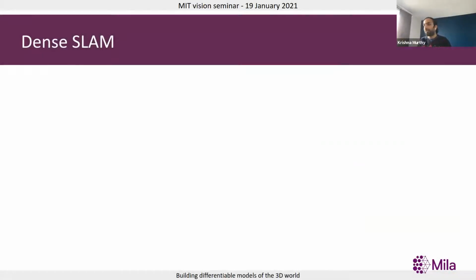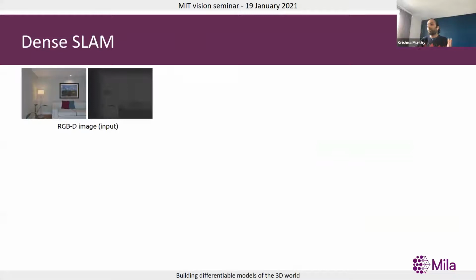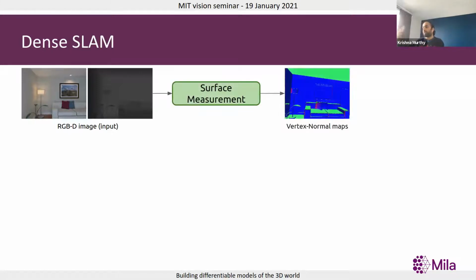Our first real attempt at this was actually quite naive. We took a SLAM system and tried to implement this in PyTorch. To give you an overview of the dense SLAM system that we took, you have RGBD images and you perform surface measurements to produce the vertex and normal maps and so on.